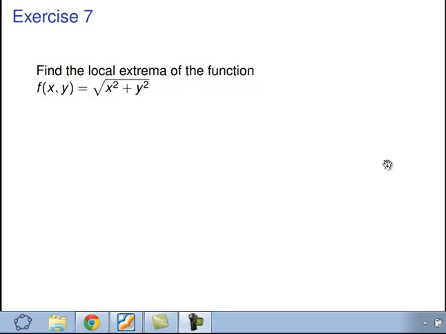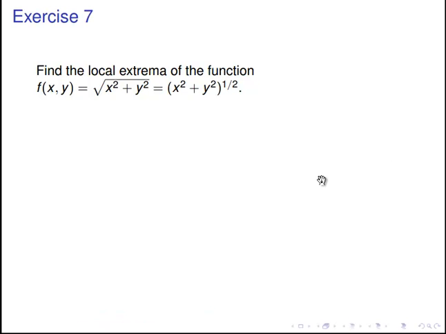So, first thing is that square roots in calculus are generally not our friend. So we rewrite this as x squared plus y squared to the 1/2, which should help us when we're trying to find the gradient of the function. Alright, so finding the gradient, we'll take a derivative and we'll get 1/2.